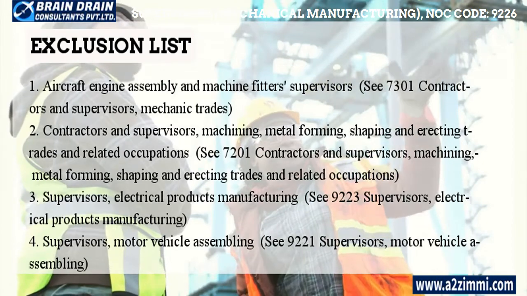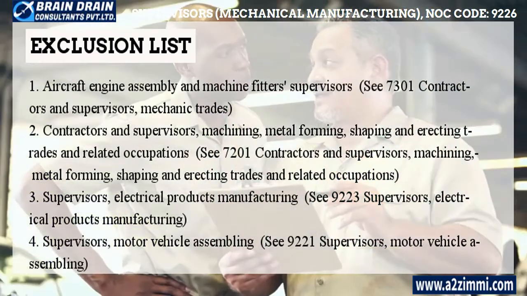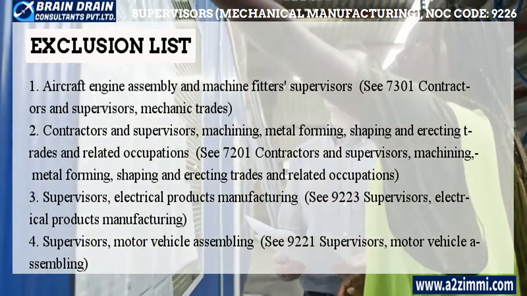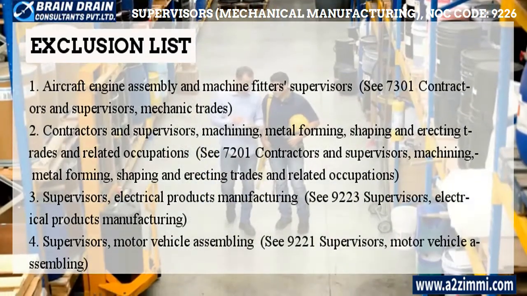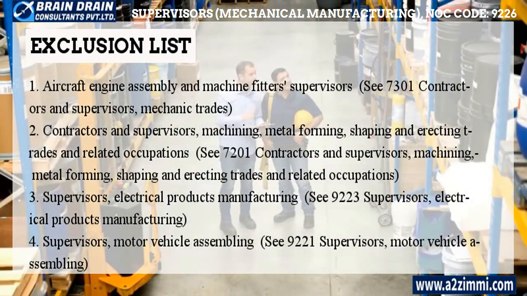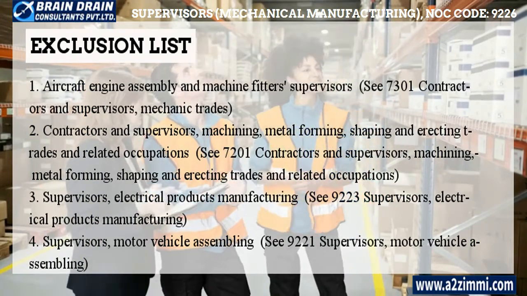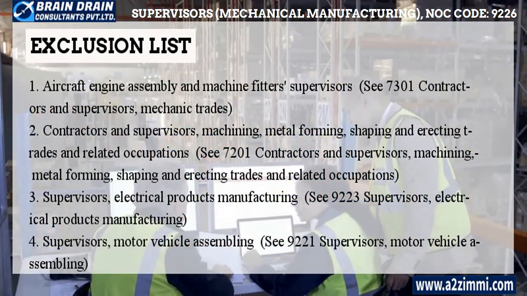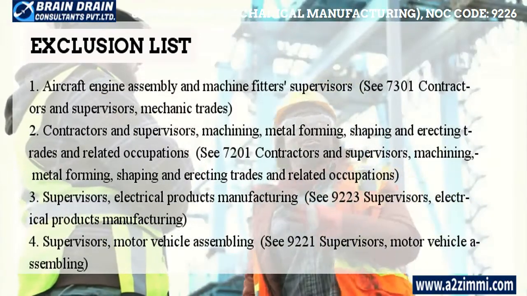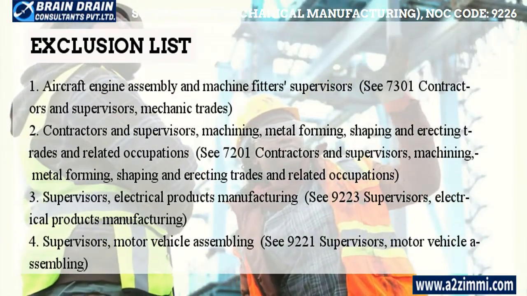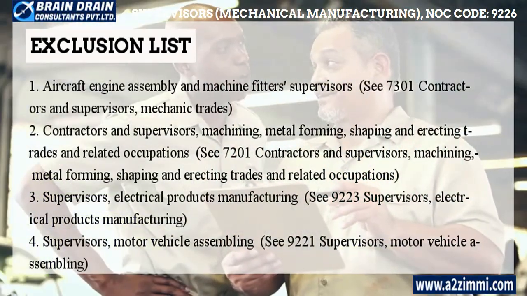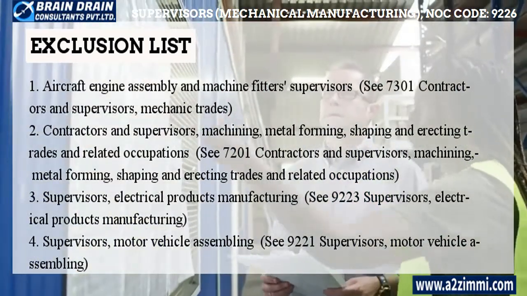Aircraft engine assembly and machine fitters supervisors, C7301 contractors and supervisors, mechanic trades. Contractors and supervisors, machining, metal forming, shaping and erecting trades and related occupations, C7201 contractors and supervisors, machining, metal forming, shaping and erecting trades and related occupations.